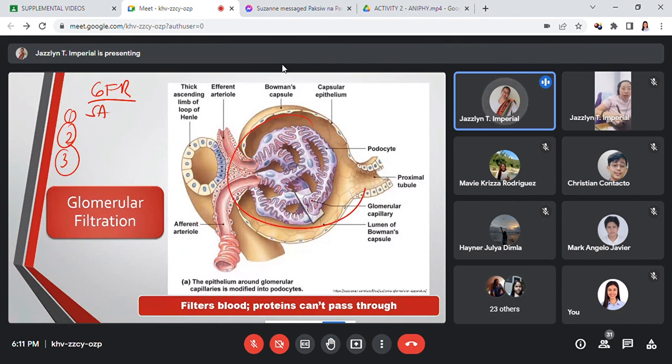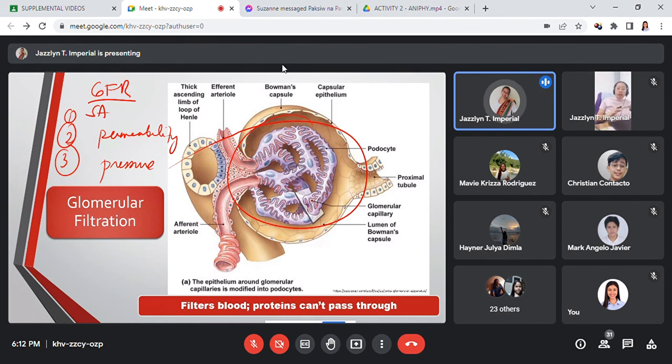Syempre, the bigger the area for filtration, the higher the rate of filtration. So surface area, and then another one is permeability. Remember that there are substances that easily pass through the membrane and some substances cannot. So permeability also affect the rate of glomerular filtration. And last but not the least is the pressure or filtration pressure.